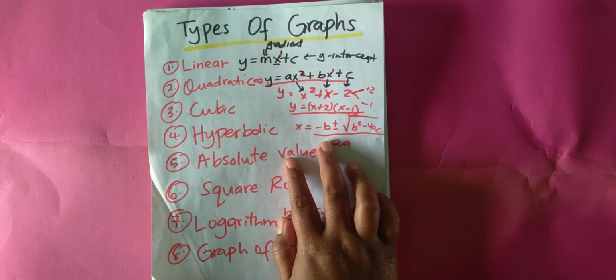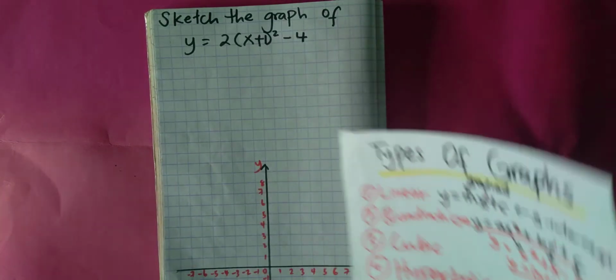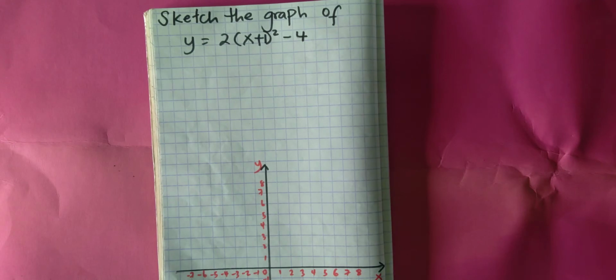But last year you were introduced to the general form of a quadratic function. And the question that I'll be explaining today is from that general form of quadratic functions.